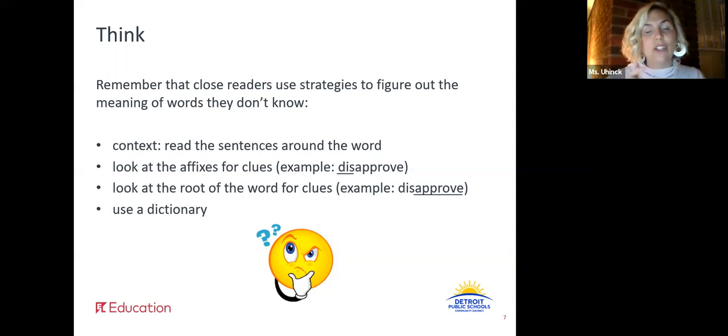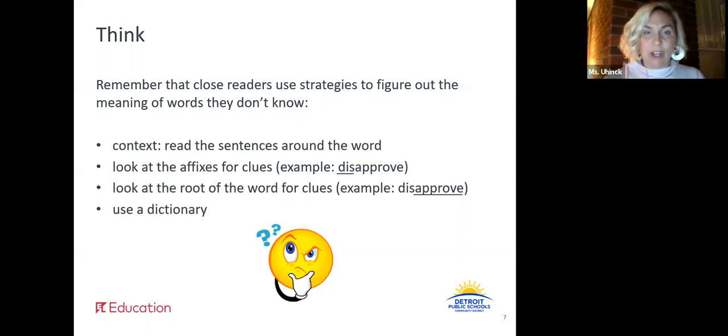So the first one is using context. So reading the sentences around that word or phrase and thinking about, okay, what is this about? And how can that give me clues to what that word or that phrase actually means?